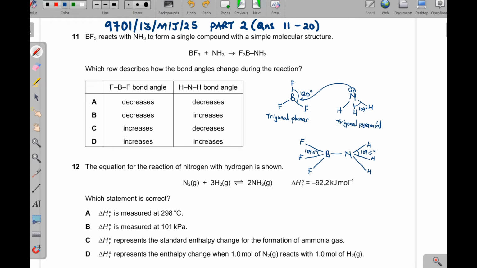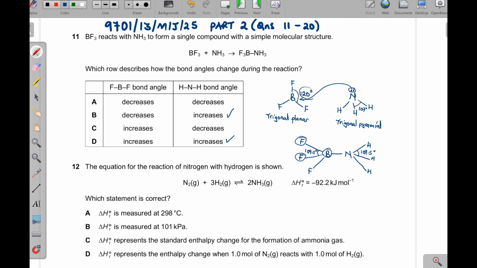You see? So hydrogen, nitrogen, hydrogen bond. Okay, what are they saying? Hydrogen, nitrogen, hydrogen. This bond here has increased, not so? So if it has increased, then we have here and then here. And then fluorine, boron, fluorine, fluorine, boron, fluorine.